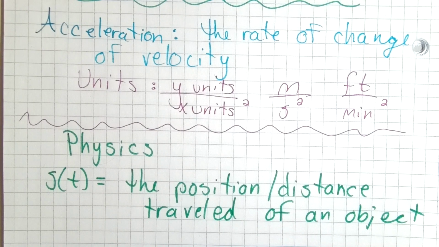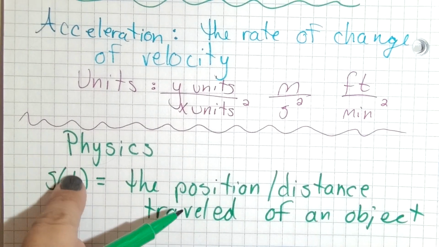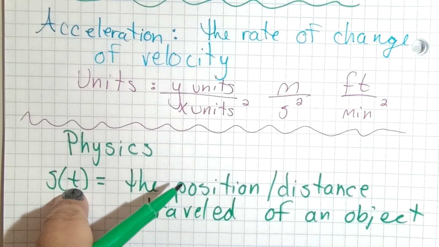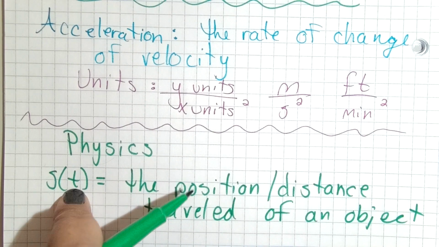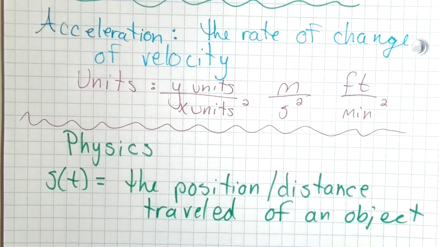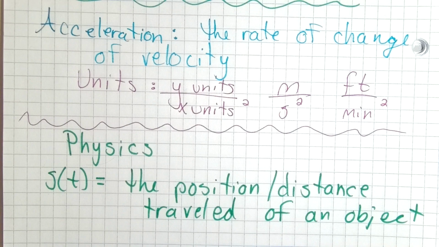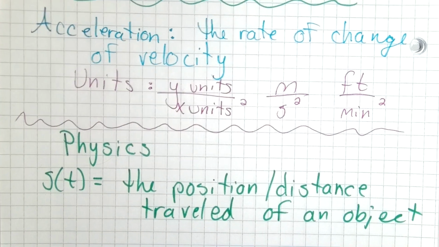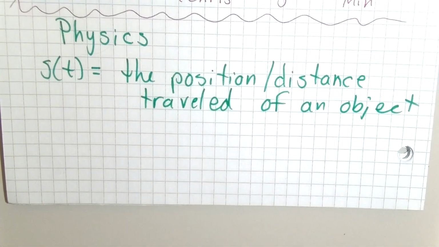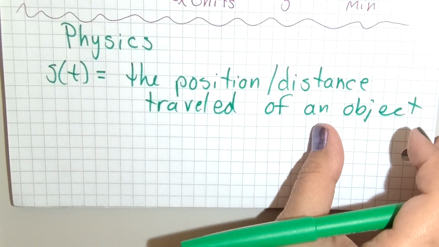So if I want to know where it is after 4 seconds, I substitute in 4, that gives me how far it has traveled or where it is on that line. That is what s of t means. That is the position function.